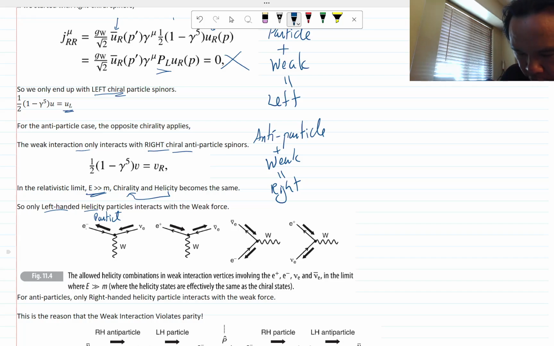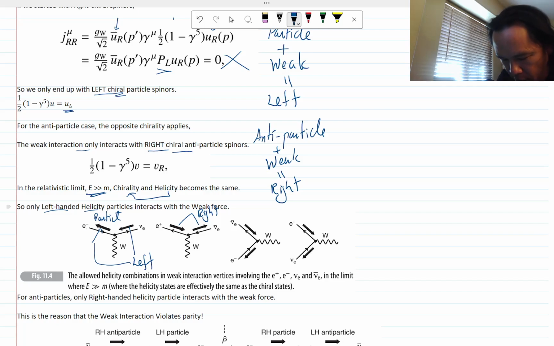Their helicity is going to be left-handed. Remember, when they're left-handed, their momentum and helicity are in opposite directions. For antiparticles, where you have the momentum going backward, that's how I can tell it's an antiparticle, and also the bar in the positron sign. Both of these are going to be right-handed.